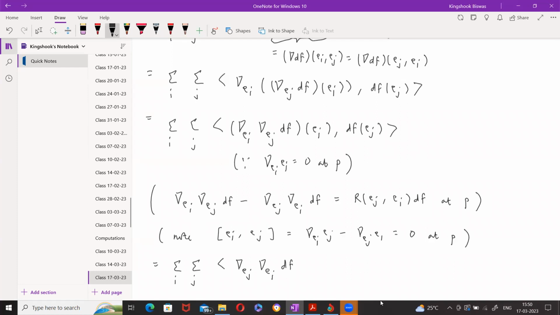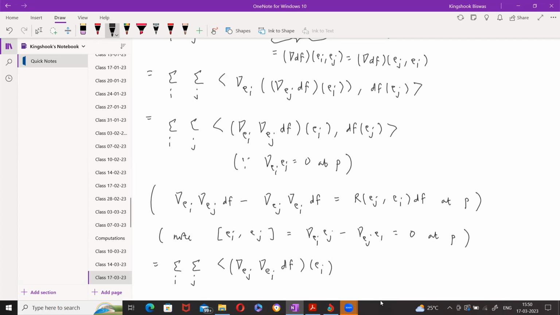This is a third derivative: in df you have a first derivative, and then I'm taking two more derivatives. When you interchange derivatives here, you will get a curvature term. This is what I was saying earlier: the third derivative is not symmetric, and that's where the curvature terms in the Bochner-Weitzenböck formula come from.